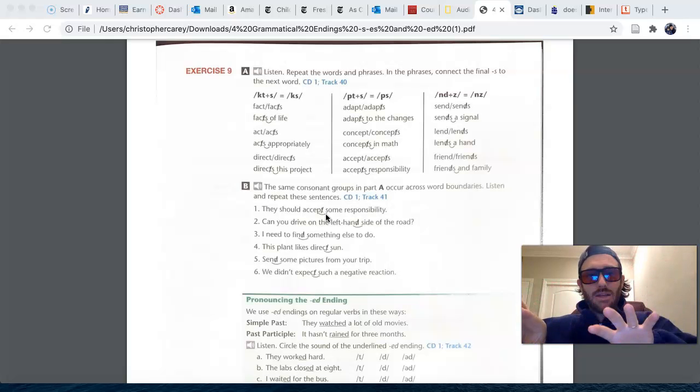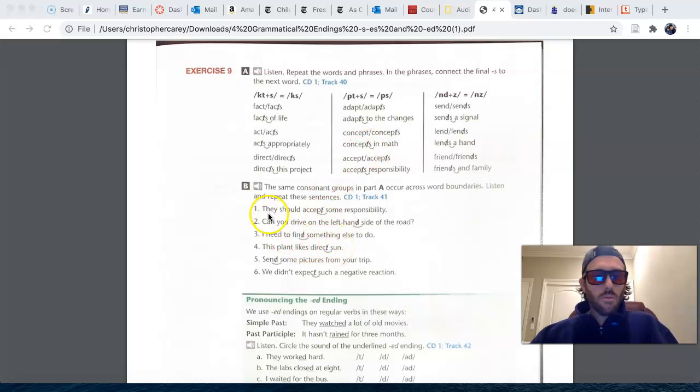You have the end of one word and the beginning of another word beginning in S, forgive me, and we have what's called linking. Here we talked about reduction, but you can see how these words link together through reduction. And that's what you're practicing here.